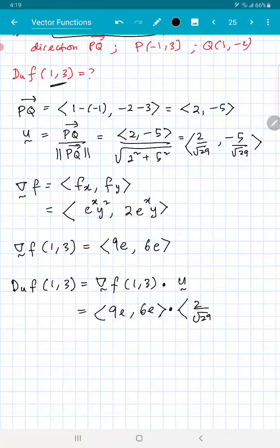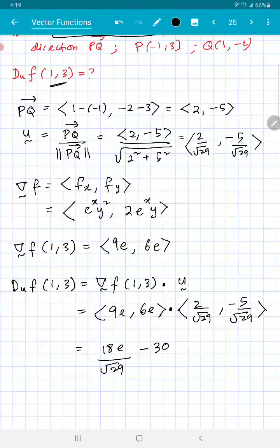We have 2 over square root of 29 i minus 5 over square root of 29 j, and here we have 18e over square root of 29, x component multiplied with the x component, minus 30e over square root of 29. Simplify this, we have negative 12e over square root of 29.